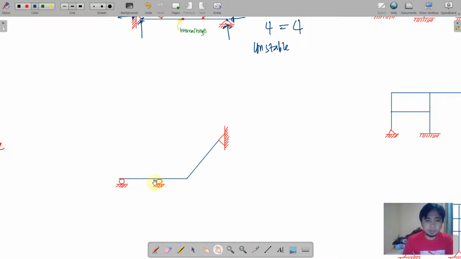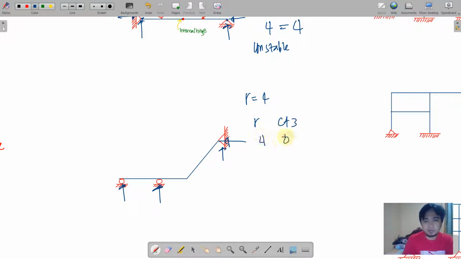For this problem, we have 2 rollers and a hinge. So we have 2 for the hinge and 1 each for these 2 rollers. So the total count of the reaction here is 4, and then we compare it to C plus 3.